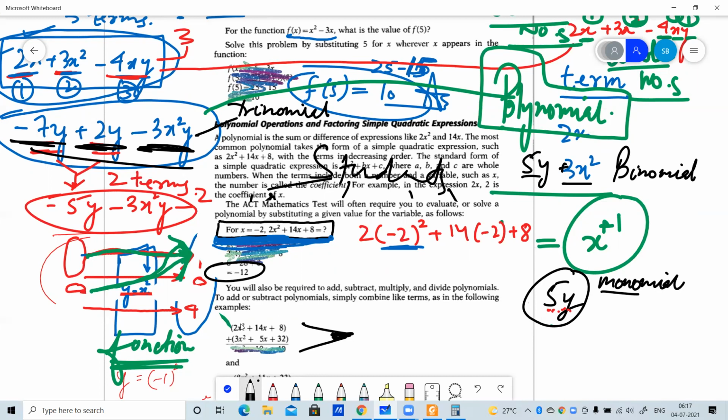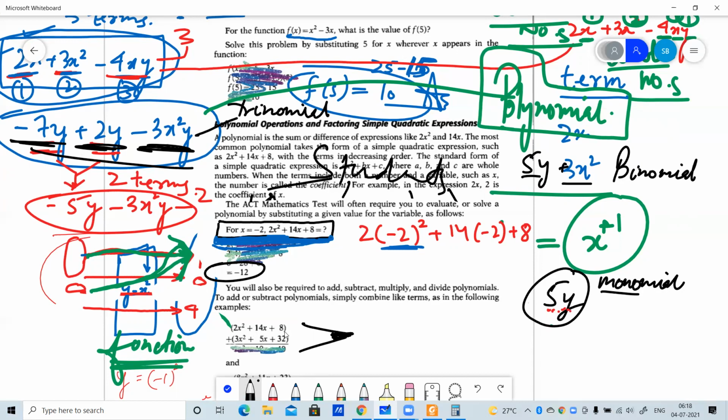So if you have 2x squared plus 14x plus 8 plus 3x squared plus 5x plus 32, which terms will you combine? What can be the answer to this addition?